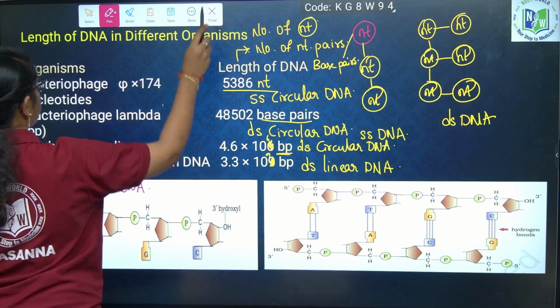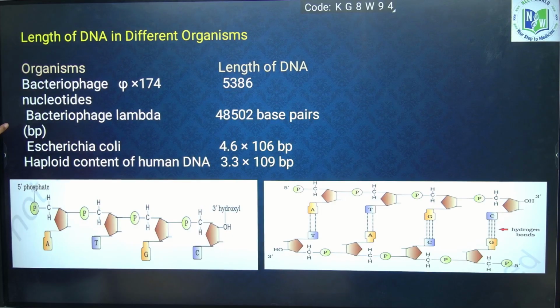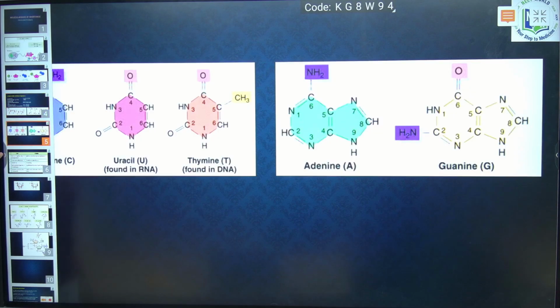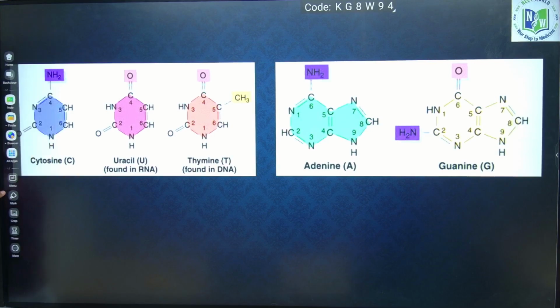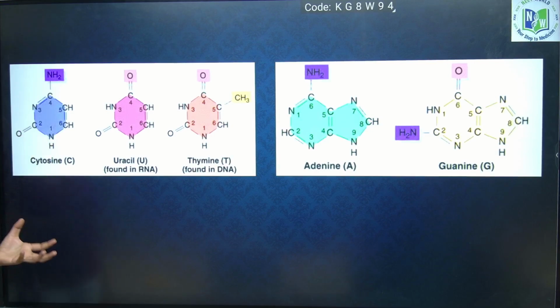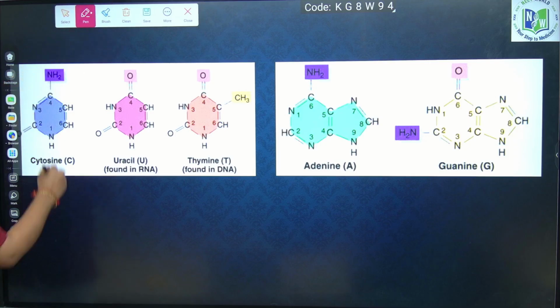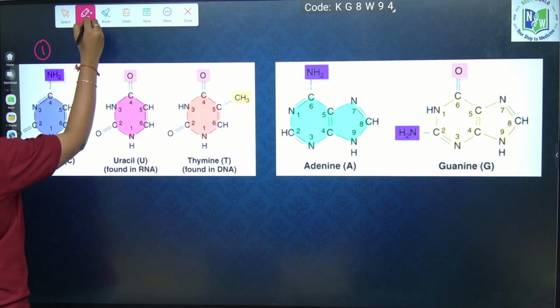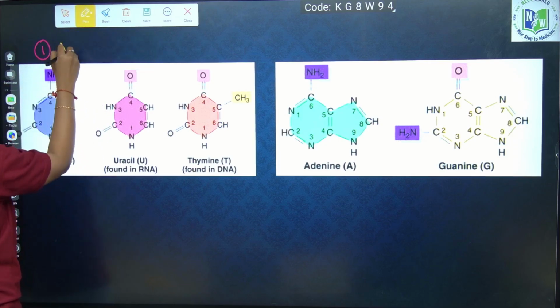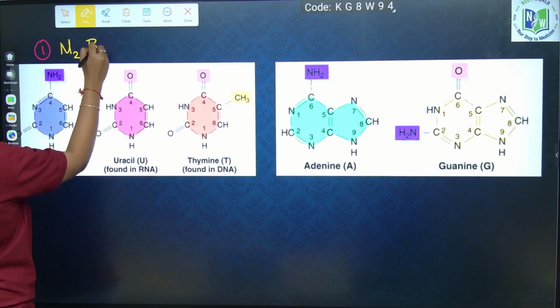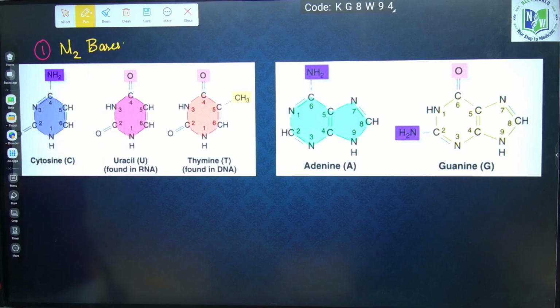Next, if you see nitrogen bases. Nucleotide is composed of sugar, phosphate and nitrogen base, right? Now first we will learn what are the types of nitrogen bases present. Two types.